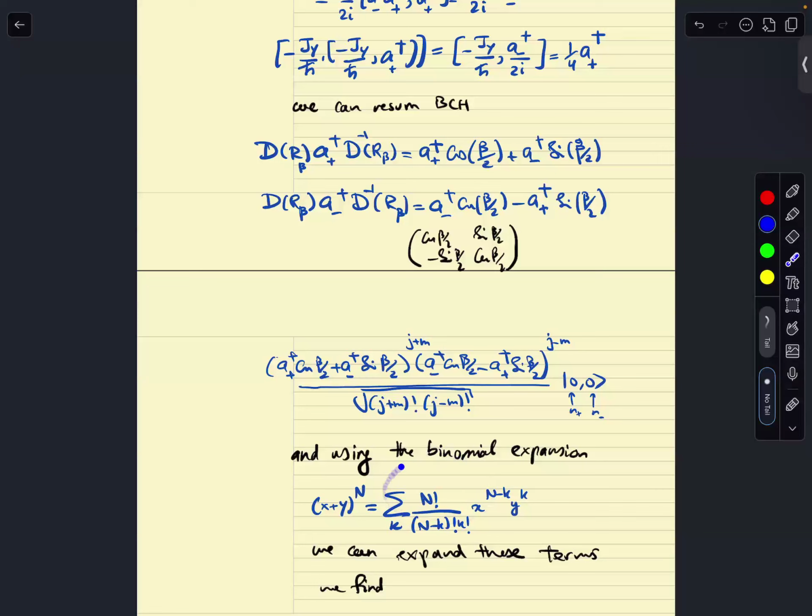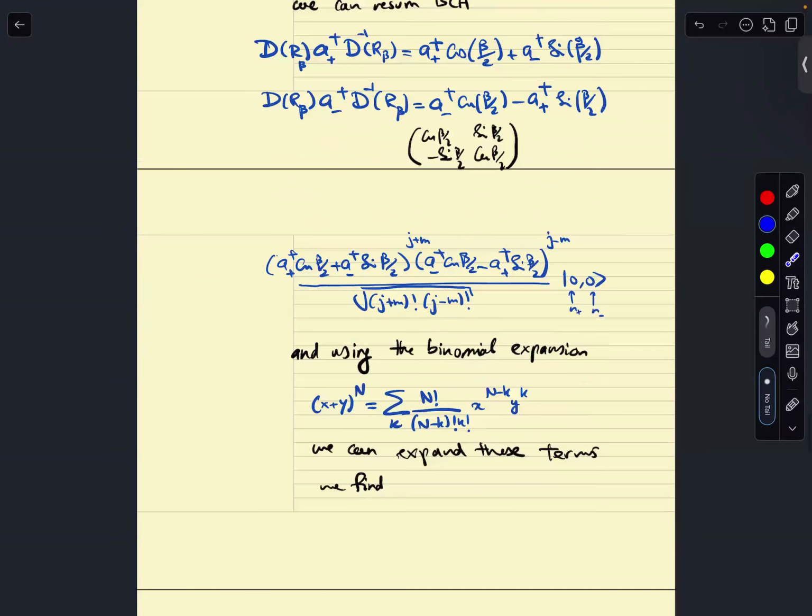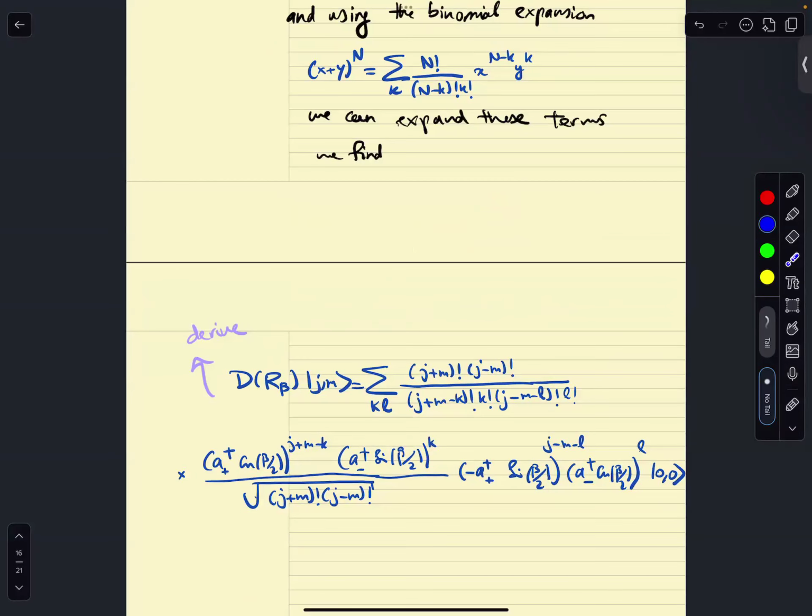So you could use this power expansion of objects like this. Once you expand this, it's going to be a homework problem, but you work it out and you learn that d^j(beta), the rotation around the y-axis by angle beta acting on |j m>, becomes this longer expression like this. Questions?